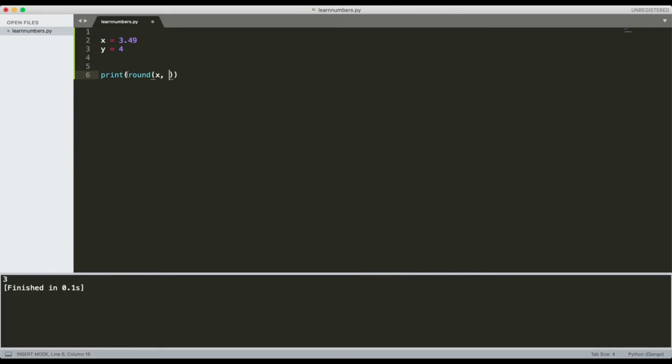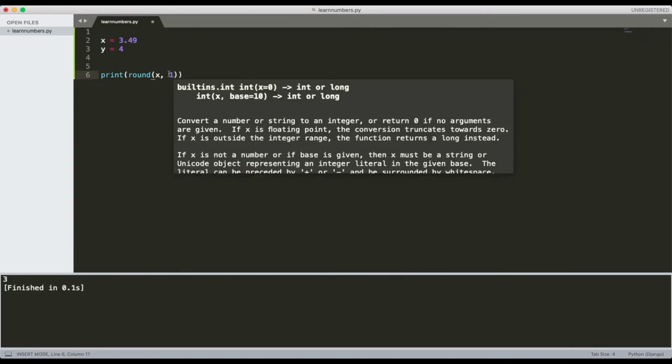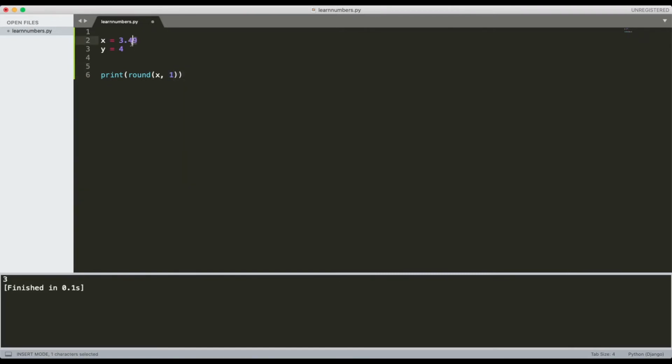Round is a built-in function in Python that lets you round numbers up or down depending on what the nearest integer is. You input the number that you want to round as the first argument, and the second argument is optional. This is the number of decimals that you want. So I want it to the nearest first decimal. In this case, it's this number, and 9 is greater than 5, right?